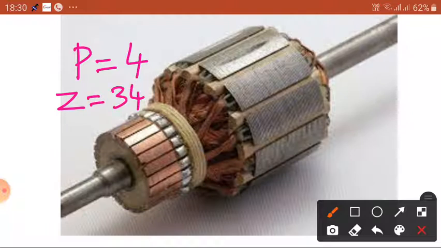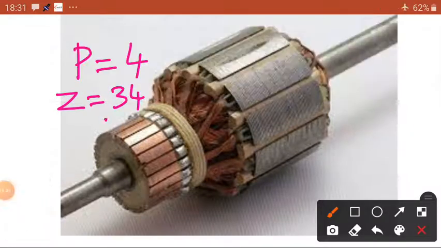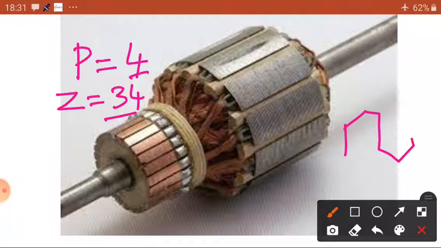Simple wave winding. Okay, so total conductors are 34 and number of poles are 4. So simple winding. So let us develop that. We can develop the winding diagram based on the given data after knowing the back pitch and front pitch.